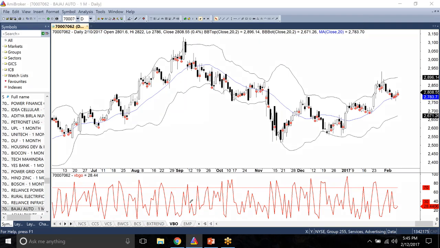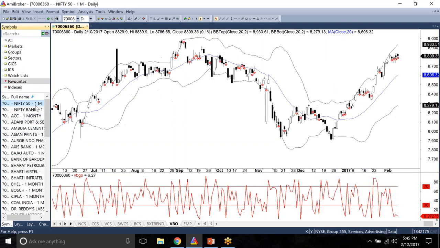This is a volatility chart, and it has been derived using RSI in a way that tells me whether the volatility of the market is high or low.